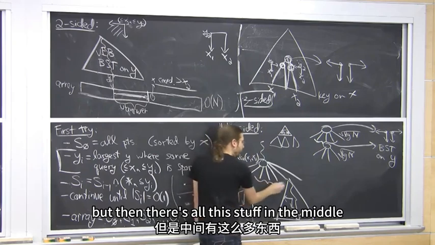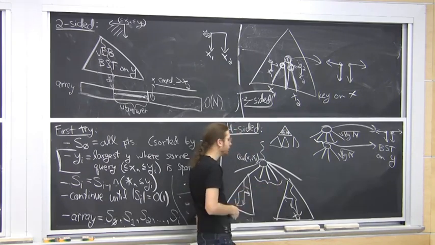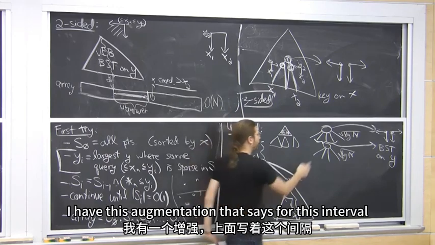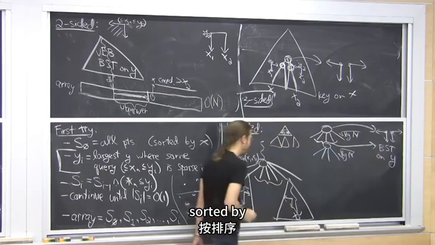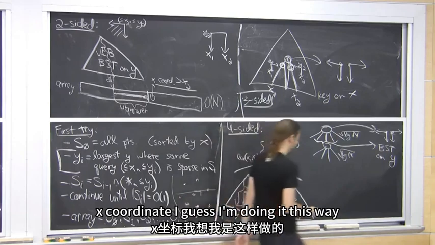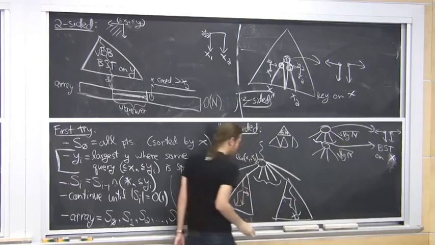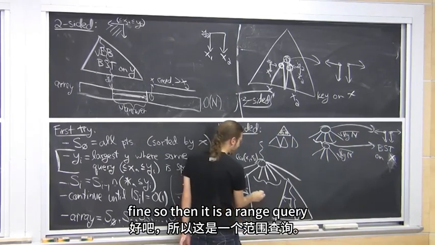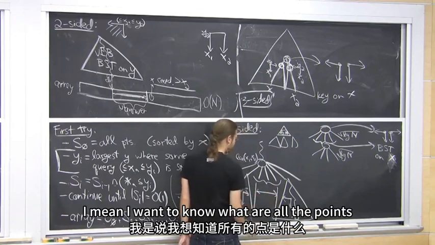But then there's all this stuff in the middle. I don't want to have to do a query for every single tree. Instead, I have this augmentation that says for this interval, here are all the points.